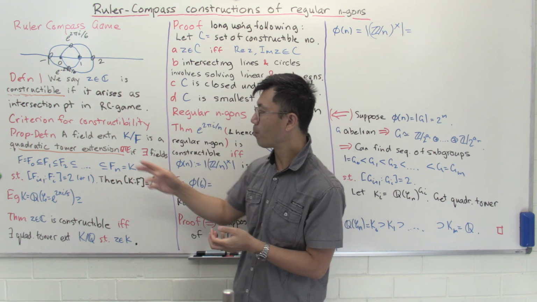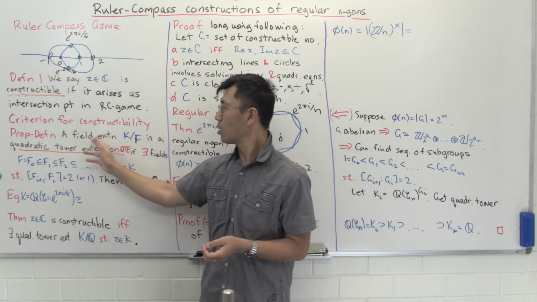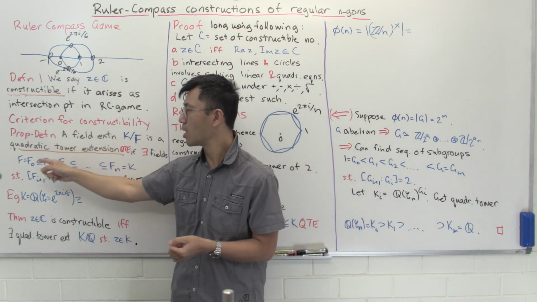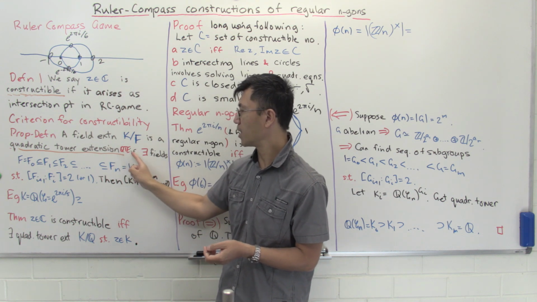And it uses the following proposition, and I'll also give a definition associated with this. Suppose you have a field extension K over F. We're going to call it, and this is a non-standard definition, a quadratic tower extension. I'll abbreviate this to QTE.